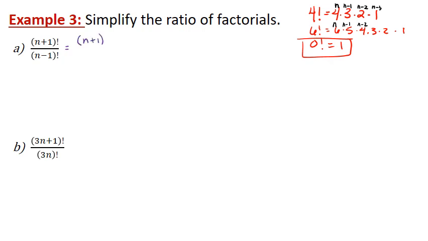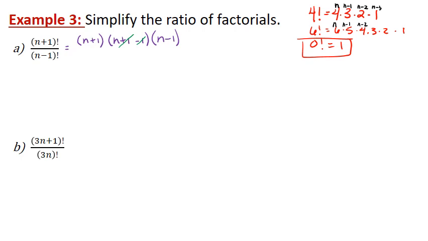N plus 1 factorial is the same thing as saying n plus 1 times n plus 1 minus 1, because that's the next term, right? And when I have n plus 1 minus 1, well, plus 1 minus 1 cancels out, right? So that's really n. And then my next term, if this is n, then my next term must be n minus 1, right?